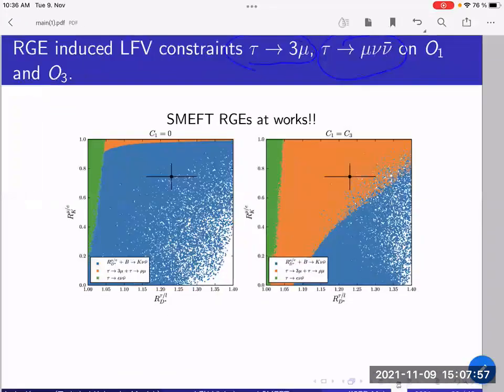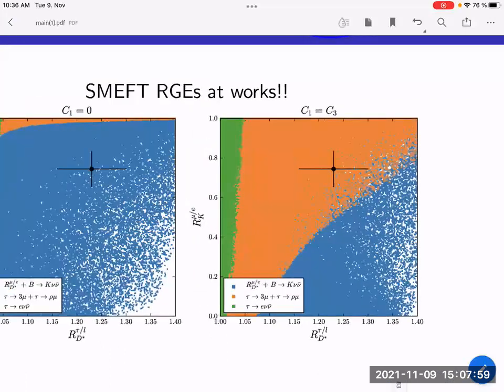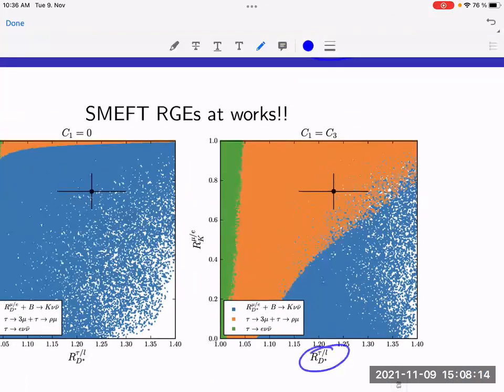In fact, people have found that for these Leptoquark models, if they couple only to the third generation, and you take into account these RG running effects, then this basically excludes the model. In this plot you can see the RD observable versus the RK observable. Here at this point is the experimental point.